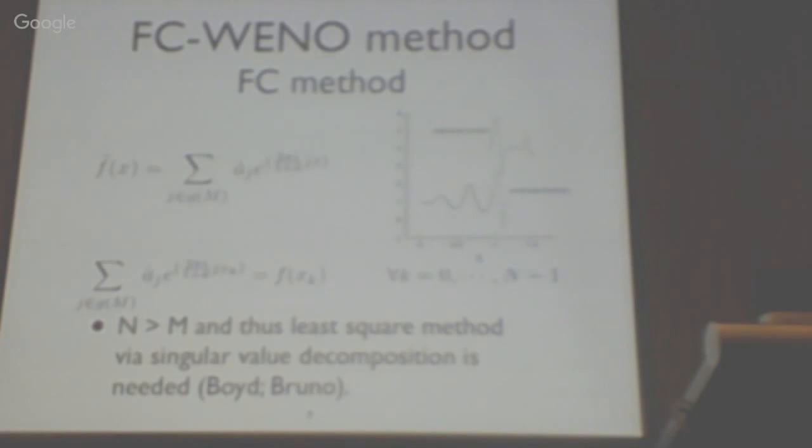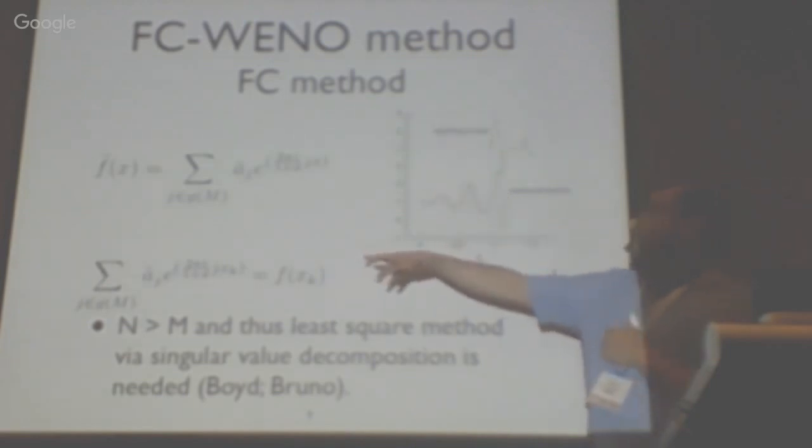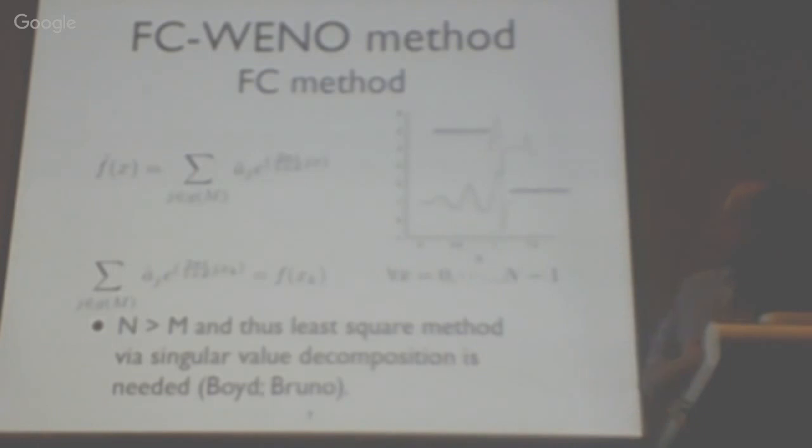That means if you have f(x_k) at equally spaced grid points, say k going from 0 to n, so you've got n points of data, you make sure that the sum becomes f(x_k) for all k, okay?